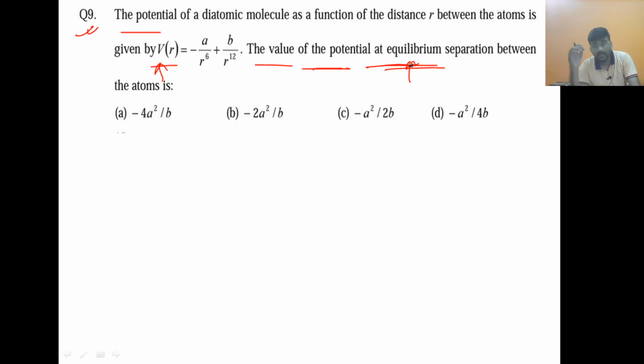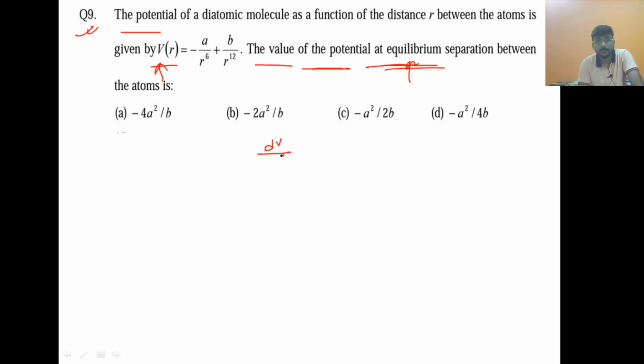It may be stable or unstable equilibrium, but V of r will be maximum for unstable equilibrium and minimum for stable equilibrium. But it is obvious that the first derivative of V of r will be 0, either it is stable or unstable equilibrium.